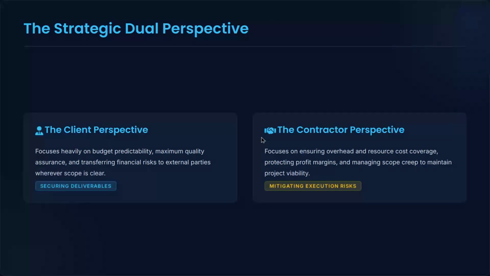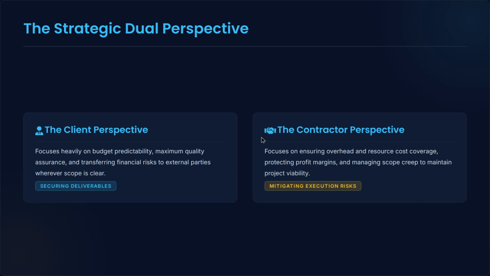First, let's talk about perspective. As a project manager, you must look at contracts through a dual lens. On one hand, you are the client or customer when you are hiring vendors to supply specialized hardware or consulting services. Here, your primary goal is to maximize quality while securing budget predictably. On the other hand, your organization is often the contractor or vendor when you are hired by clients to build a product.